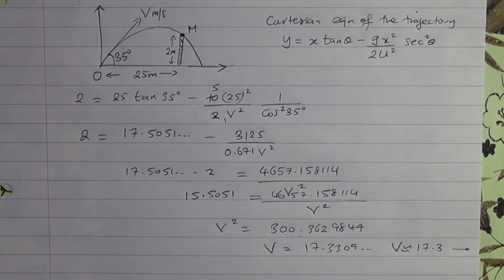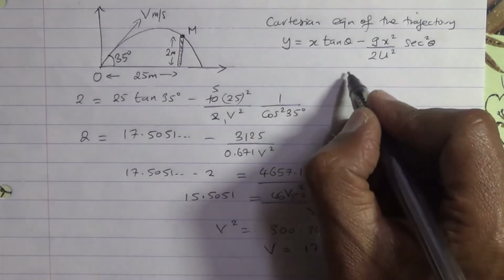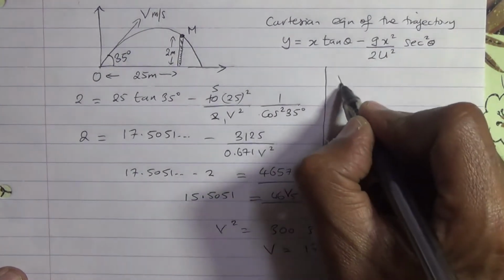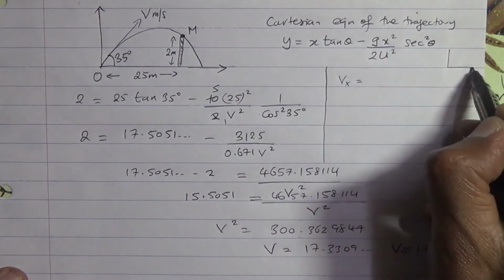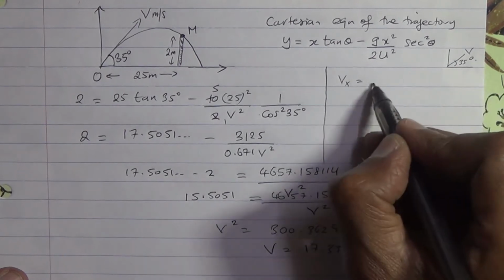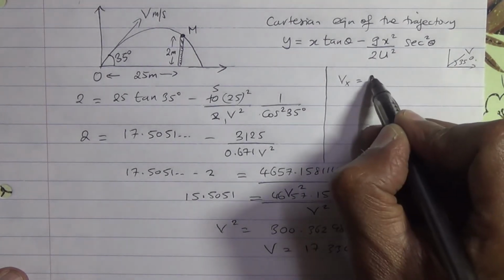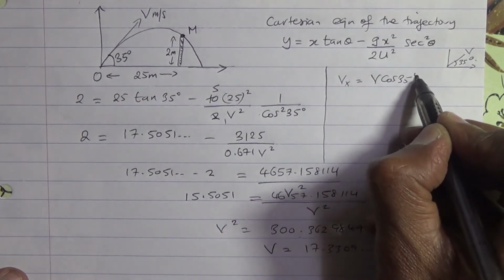Now to find the time it takes for the object to travel from here to here, I'm going to first look at the horizontal velocity. So I want to find Vx, the horizontal velocity, which is v cos of 35 degrees.